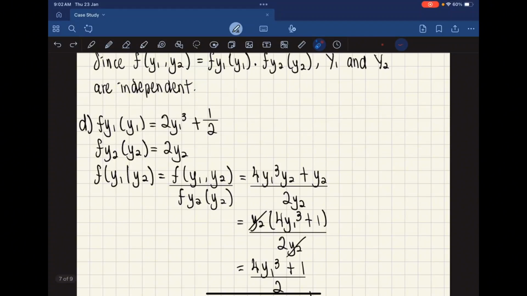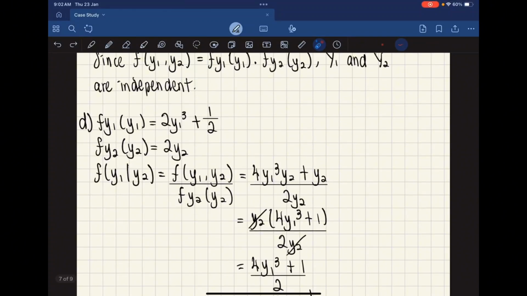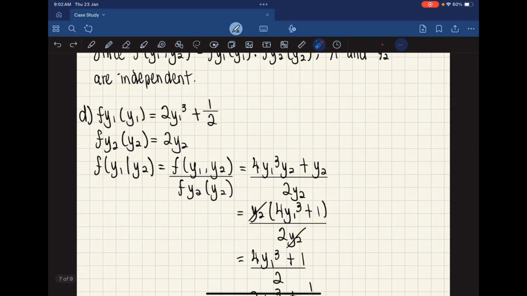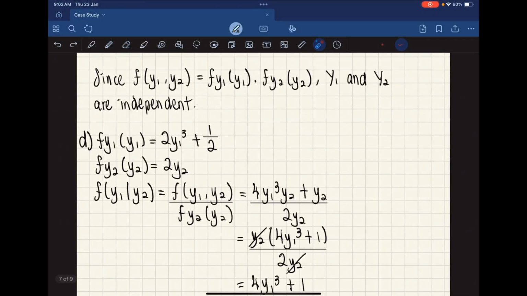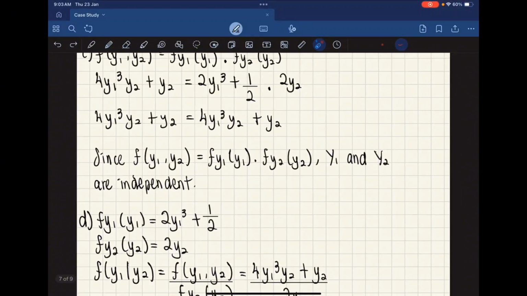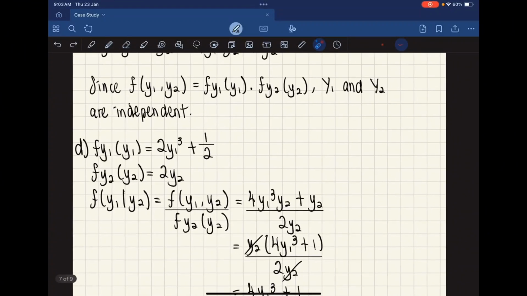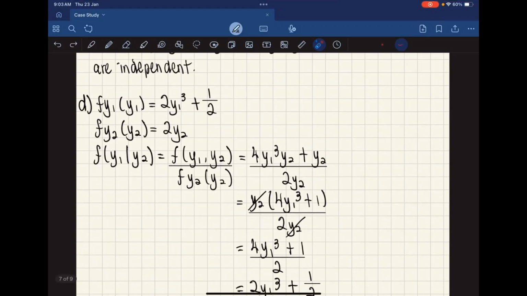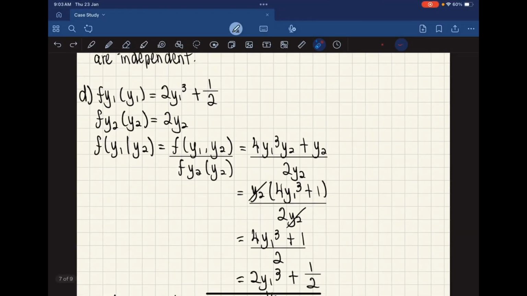For the question D, we need to determine P 1 over 4 less than y1 less than 1 over 2, given y2 equal to 1 over 2. For this question, we also need the marginal density functions, which are fy1 y1 and fy2 y2. We already know them from before.